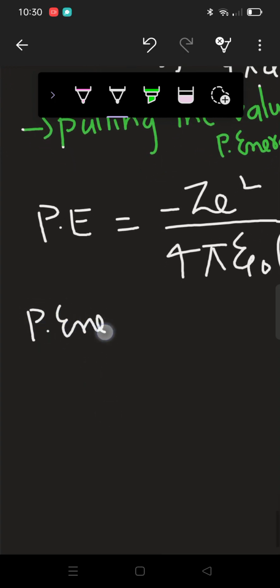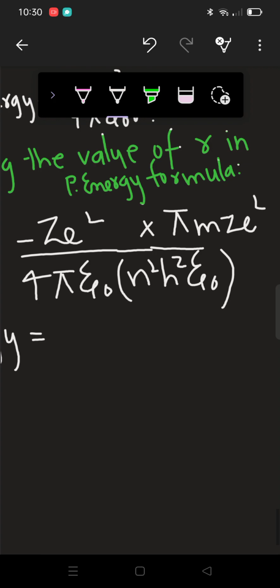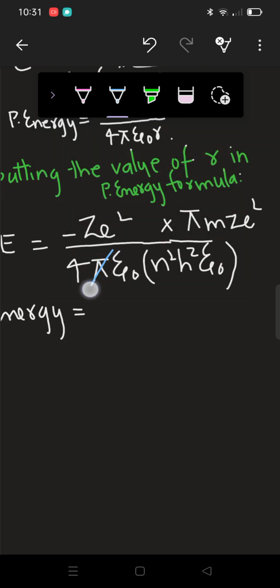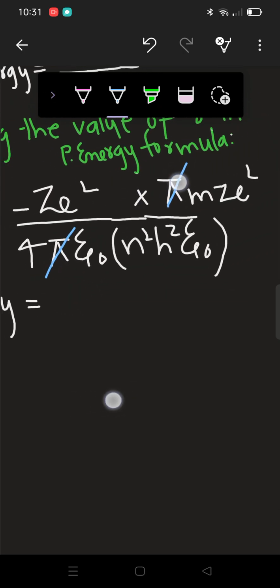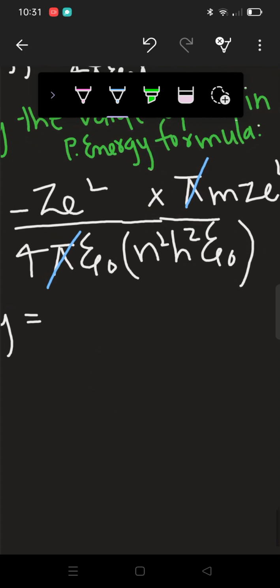Potential energy is equal to, let's see if something is going to cancel. Now see, this pi will be cut with this pi. What's remaining is minus z square, both z, right?